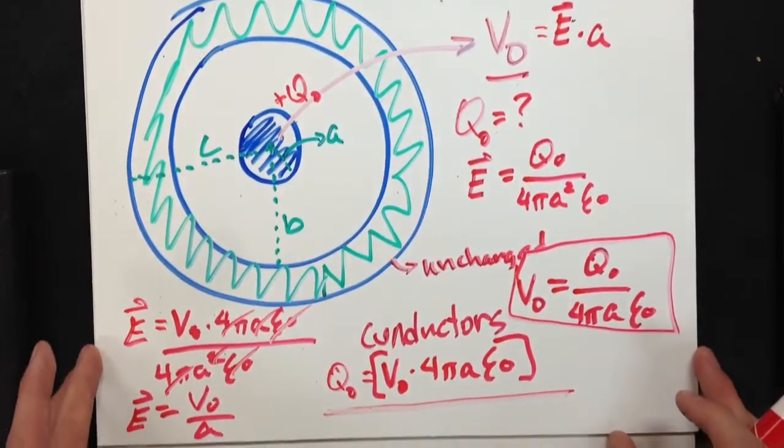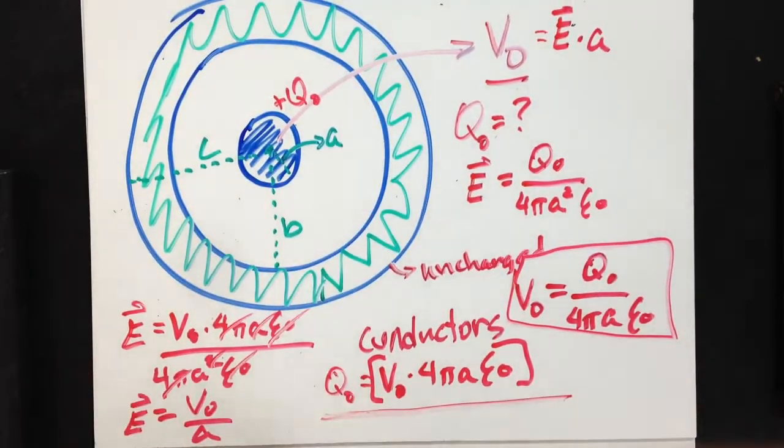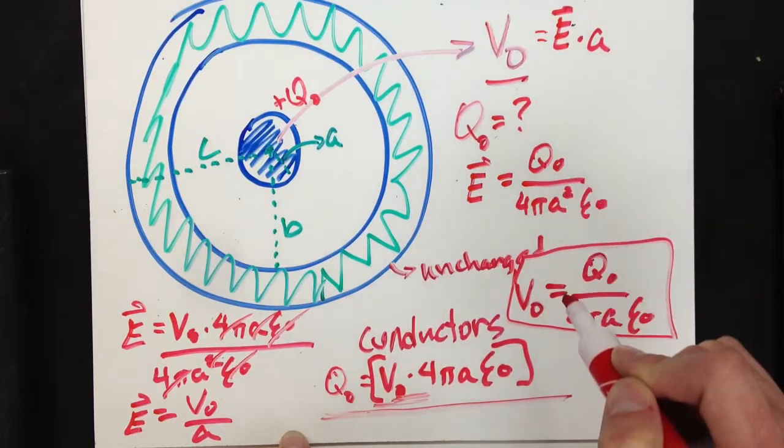So we could relate electric field to electric potential, and since this is a constant, we could substitute that in for Q enclosed.